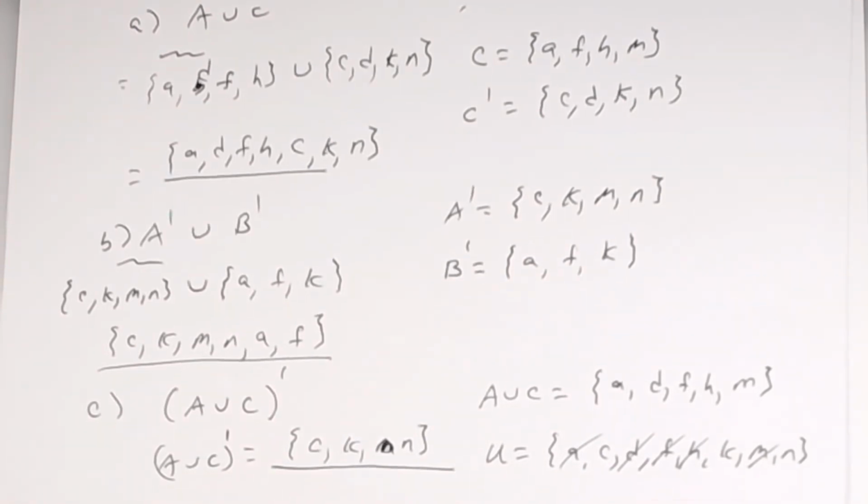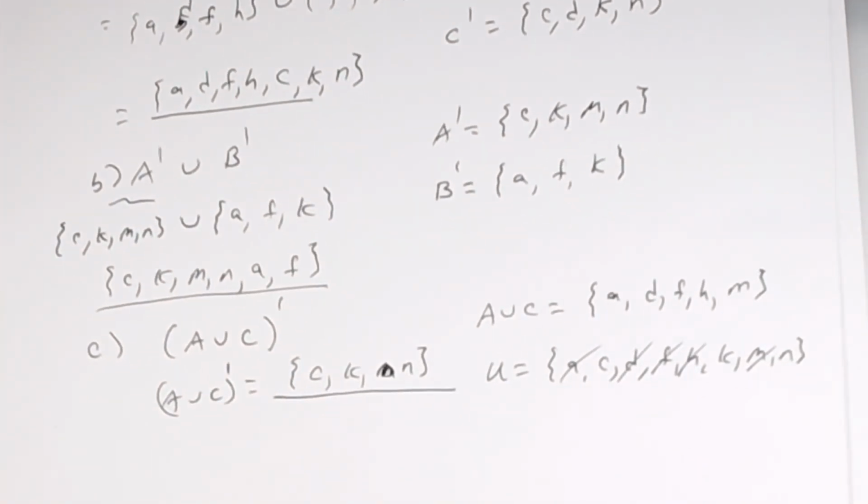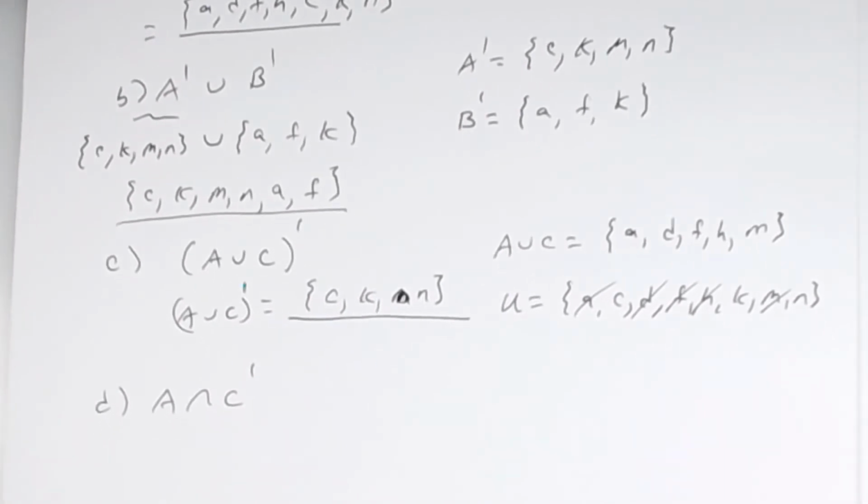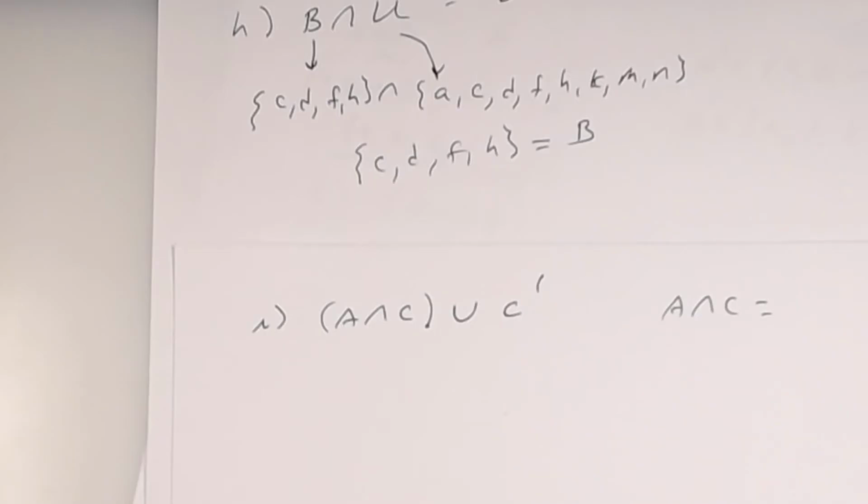All right, let's look at this one, number 4, letter D rather. So I have A intersects C complement. Go ahead and take 30 seconds to figure out what that is. All right, you should all be able to do that.